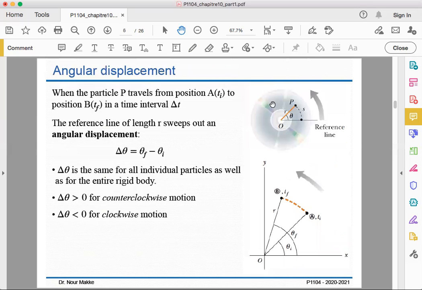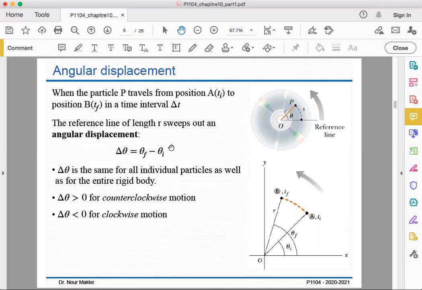So this is why when we say that the object is rotating and we have an angular displacement, this angular displacement is defined as the difference between the final position minus the initial position. And so the final position is the final angle through which the particle has rotated, and of course theta initial is the initial value of this angle, so it's the angle of the particle in its initial position.